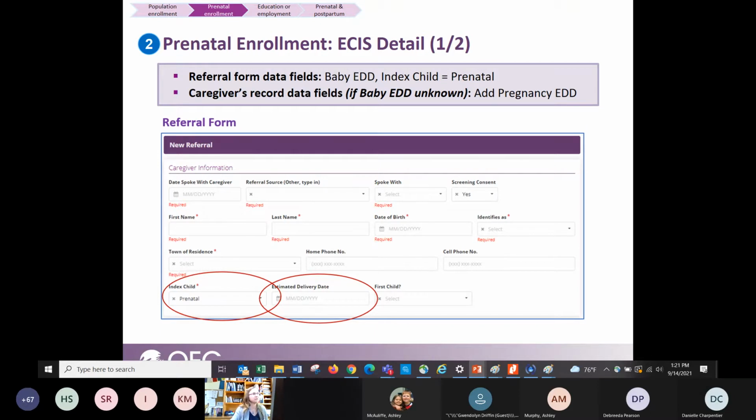That's what you see circled on this screenshot. The field index child is also circled because when you enroll a caregiver, either the caregiver is prenatal or the child's already been born. The other option in that index child dropdown is child has already been born. But in this case, we're enrolling a prenatal caregiver, and it's going to ask you to put in the estimated date of delivery or due date.